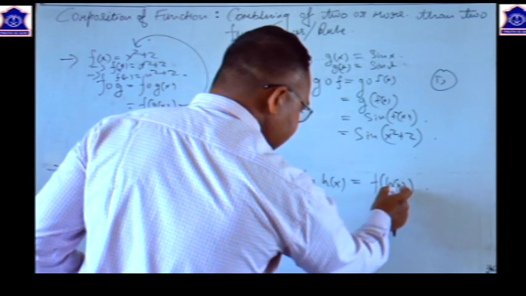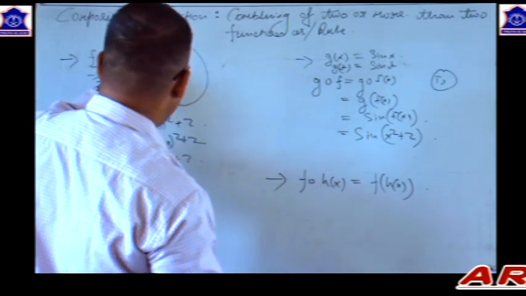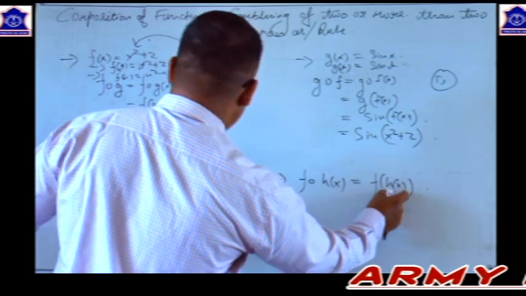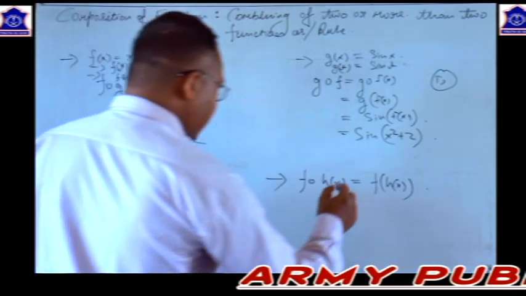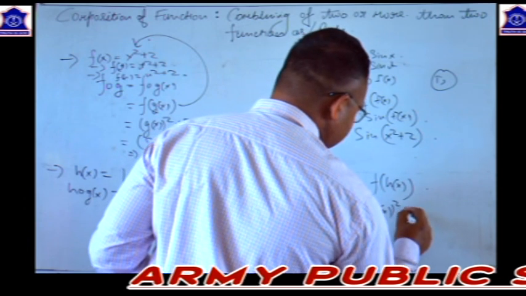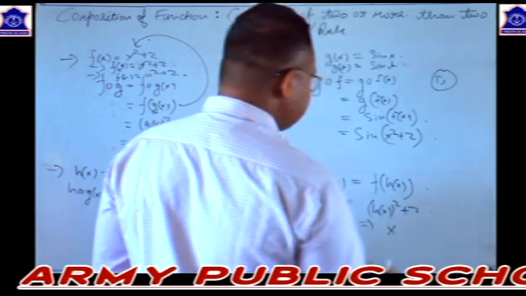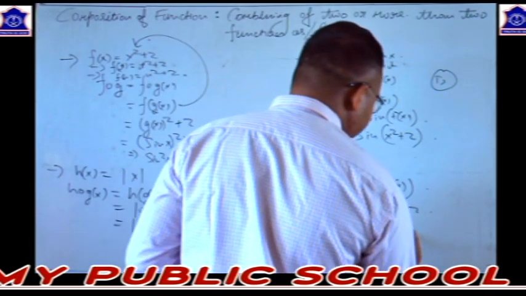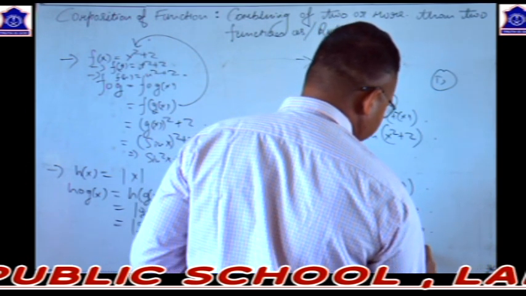What I mean to say is, giving the value to x of f(x) as h(x), इस h(x) को यहाँ पे पुट करने पे, x square plus 2 के x में पुट करने पे, what you will get? You will get h(x) का whole square plus 2, implies that h(x) is a function which is defined as modulus of x. You will get modulus of x square plus 2, implies that x square plus 2.